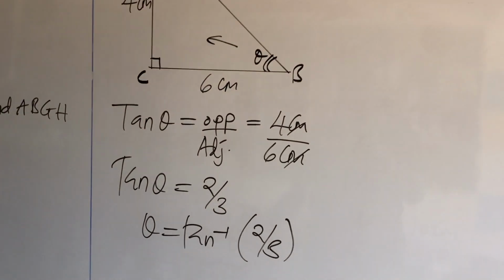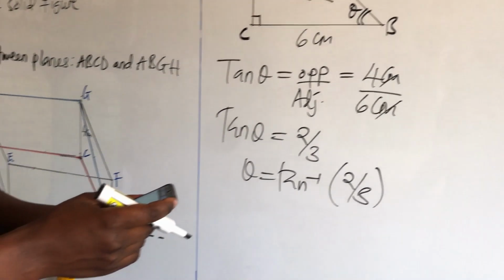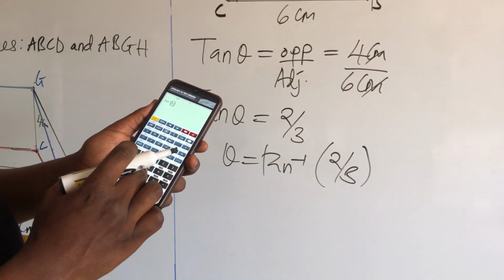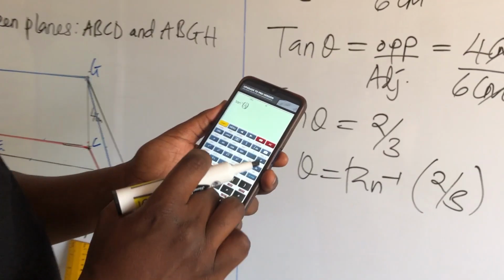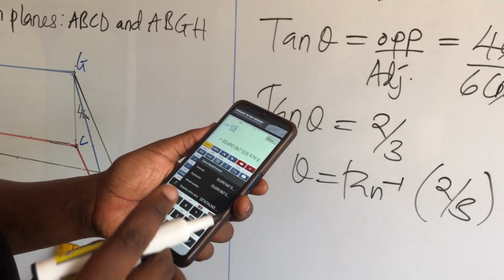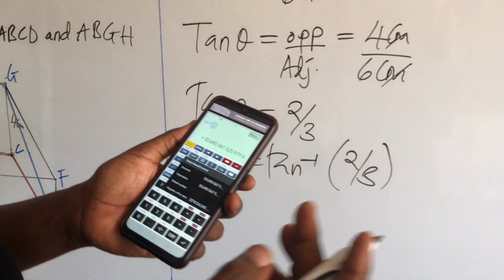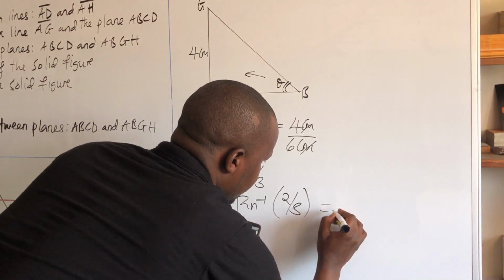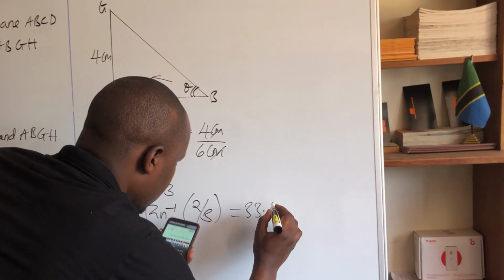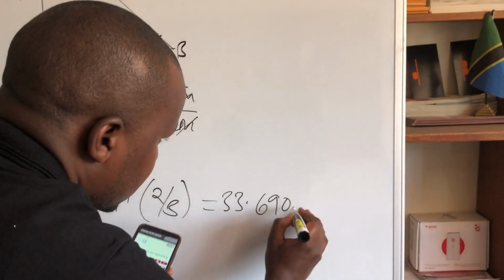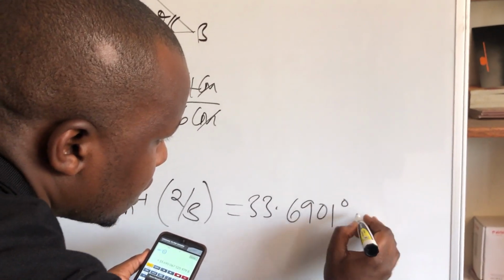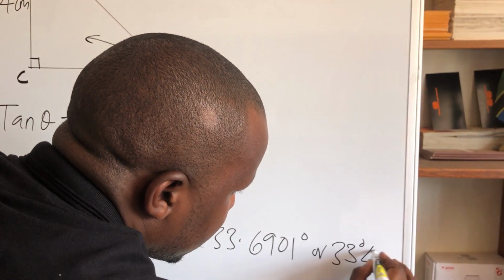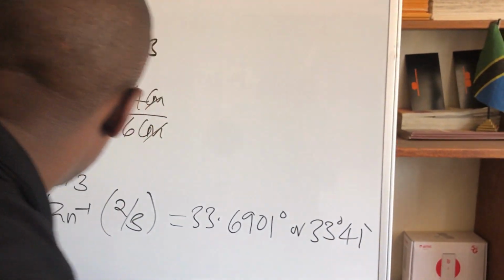When we find it through the calculator, tan inverse of 2/3 is approximately 33.6901 degrees, or 33.69 degrees, or when we change to degrees and minutes, 33 degrees 41 minutes.